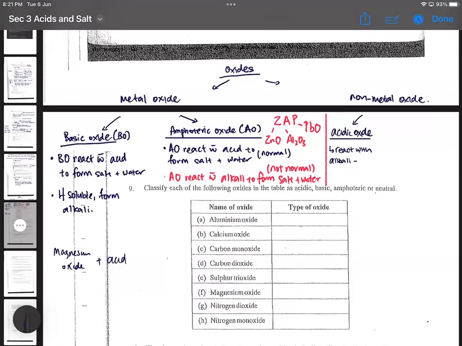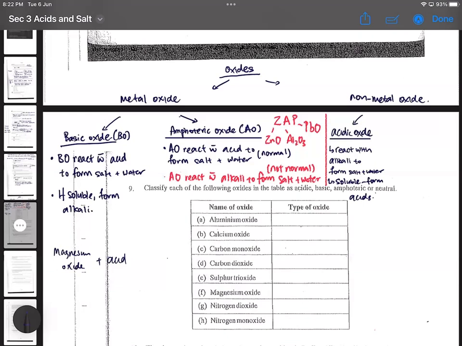When they react with alkalis, what does it form? Salt and water. Correct. And if these acidic oxides are soluble, they will form acids. So the non-metal oxides, if you can dissolve them into water, they will turn into acid. So that's all for the acidic ones.